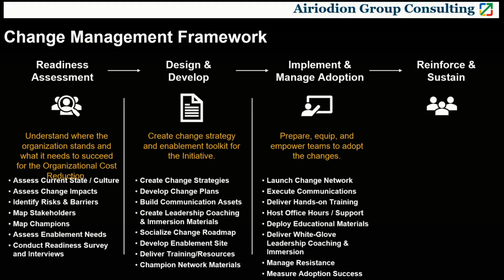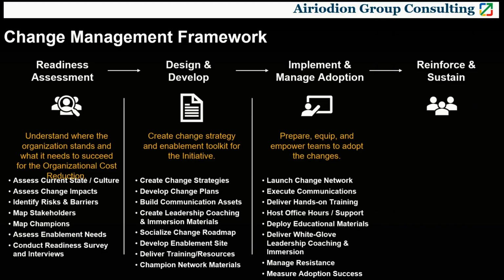The third phase is where I implement the change management strategies and plans. So I deliver communications, I kick off the change champion network, I coach and support leaders. I also provide roadshows, briefing sessions, meetings to get everyone aware of what is going on, what it means for them, how the transform business processes will help them and benefit them.